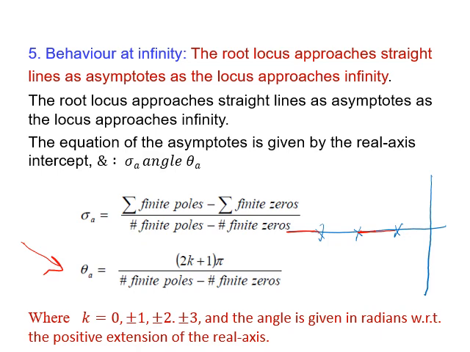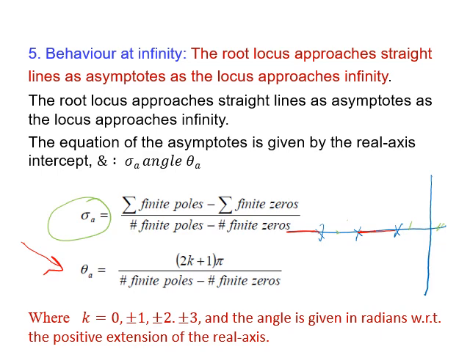But before I explain the angle, I need to know where to draw the angle. If I say the angle is 60, for example, where to put the 60? Should I put the 60 at this point or at this point or this point? So 60 is to be drawn at a certain location called sigma. So we are going to get the point sigma where we will draw the angle toward infinity.